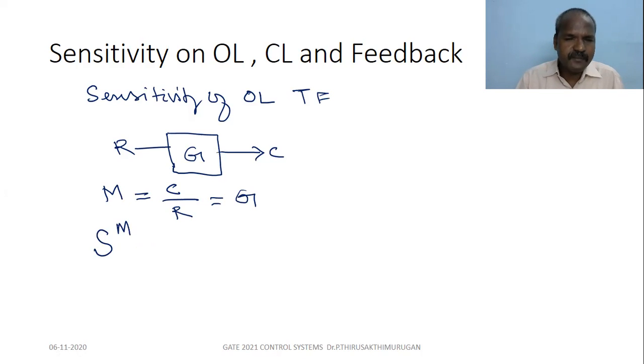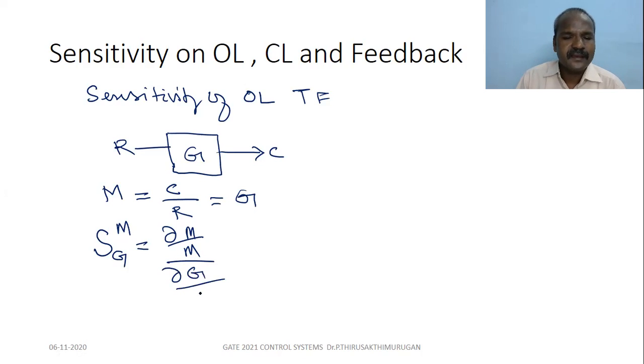If there is no feedback and no variation at all, only the system transfer function affects the sensitivity of the system. So this will be dou M by M over dou G by G, the per unit sensitivity.